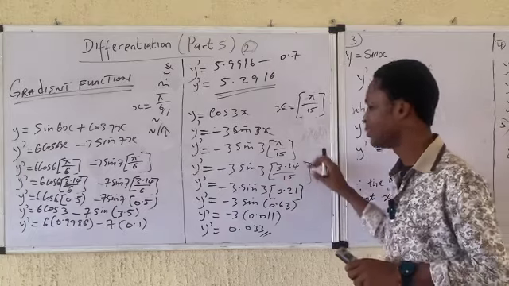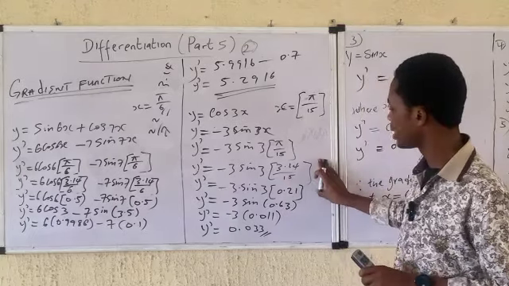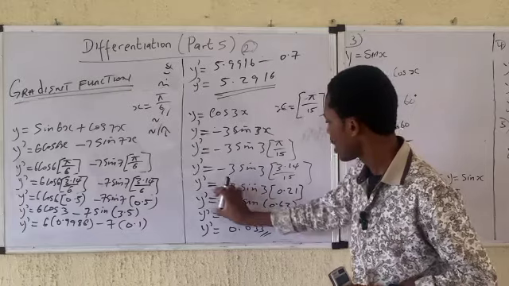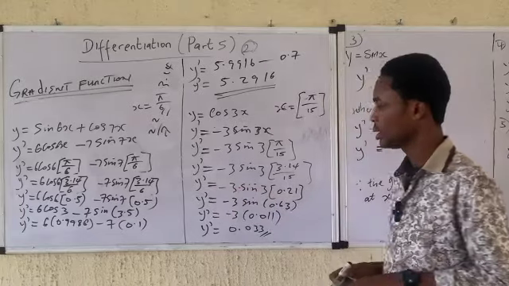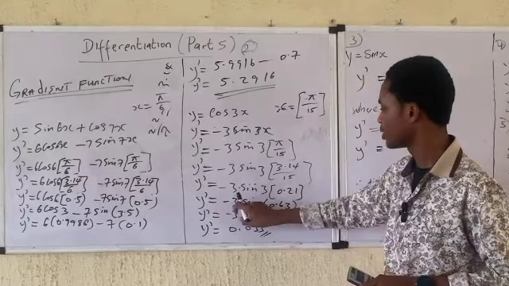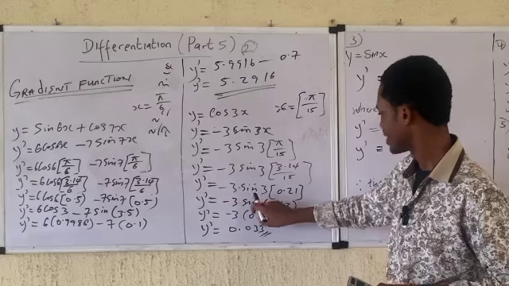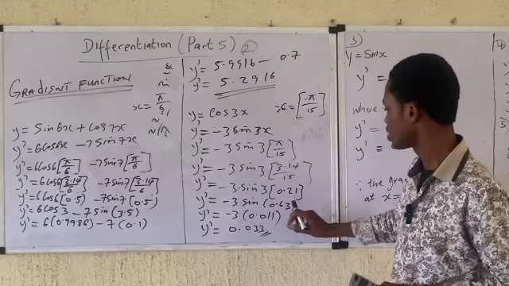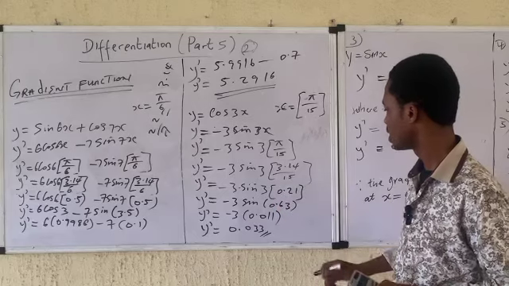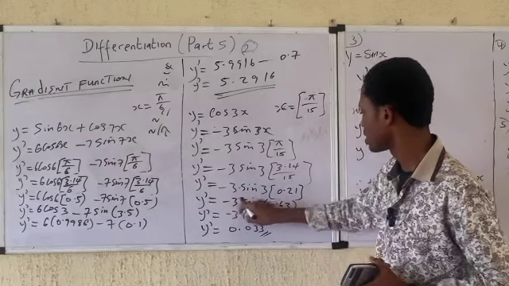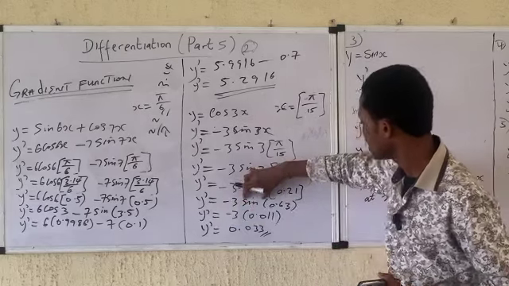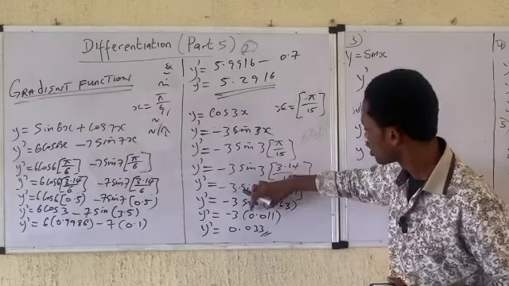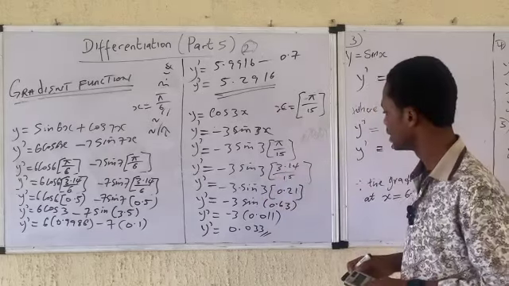3.14 divided by 15 gives us 0.21. y prime equals minus 3 sine of 3 times 0.21, which will give us 0.63. Now, y prime equals minus 3 sine 0.63, which will give us 0.011.